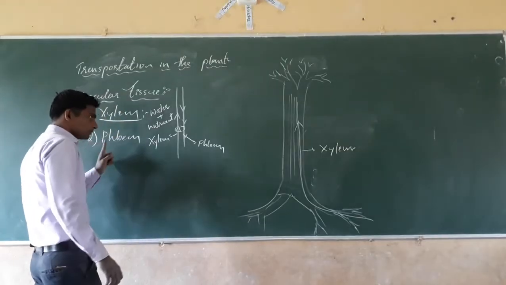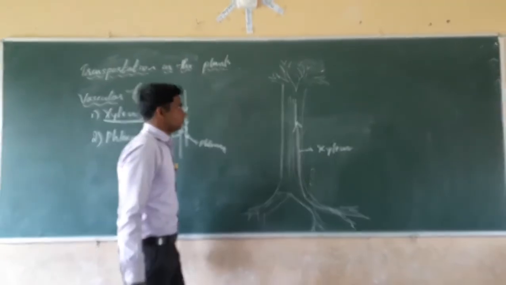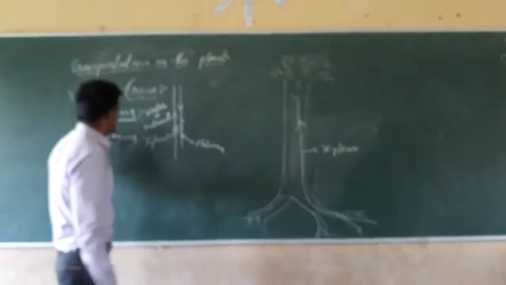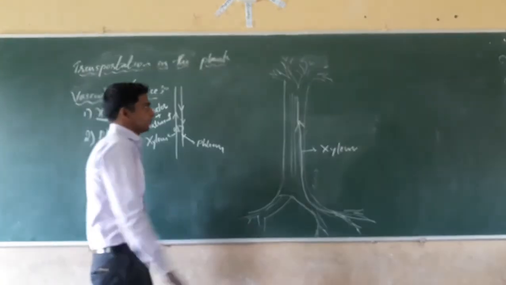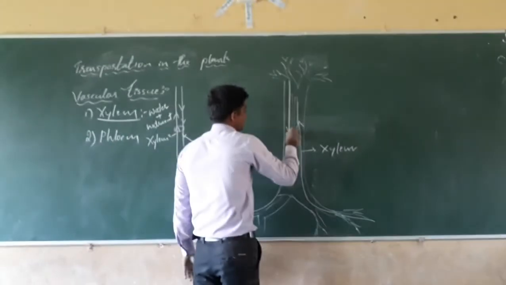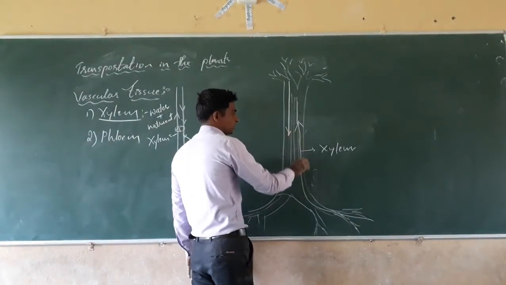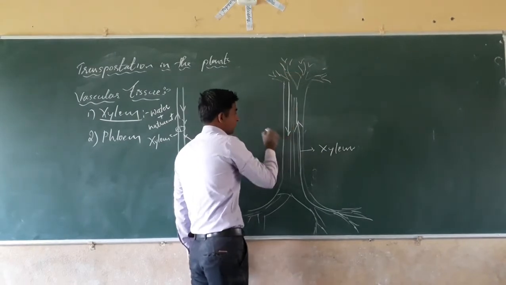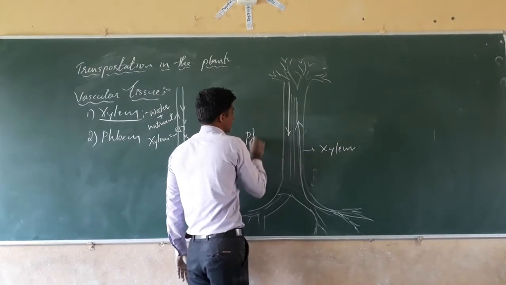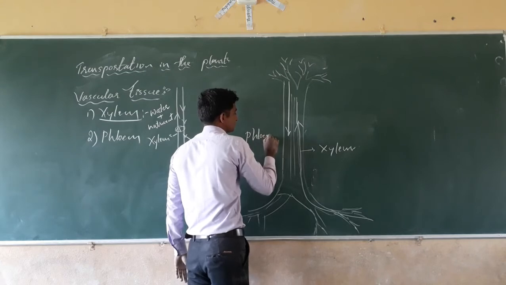Next, phloem. Phloem is a vascular tissue, a vessel-like structure, which conducts food in a downward direction. The water will go in the upward direction and food will go in the downward direction.